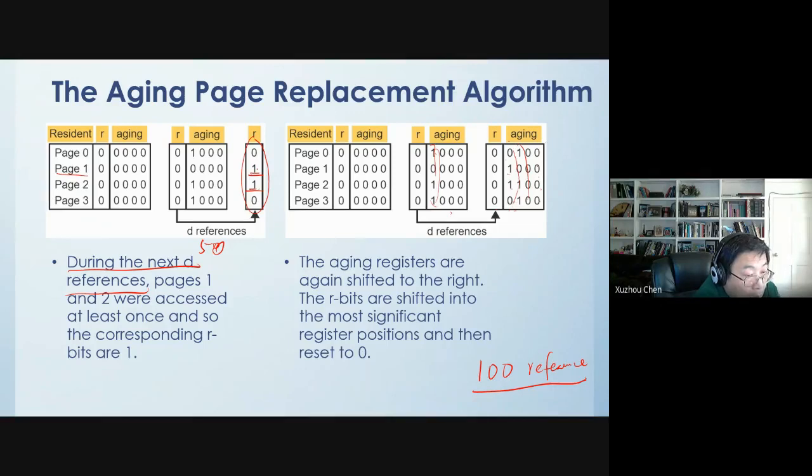Okay. So then if the next time a page fault happens, now we have to replace one of the pages. Okay. Page 0, 1, 2, 3. Which one will be replaced? Now, what do you think? Which one will be replaced?